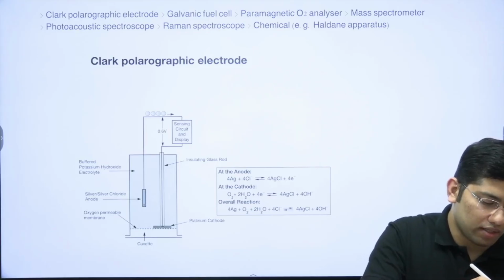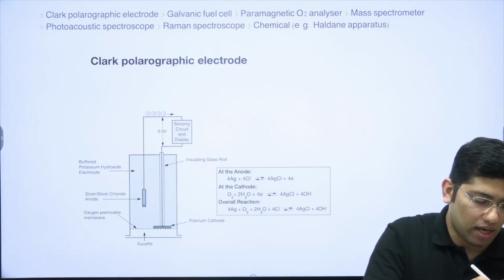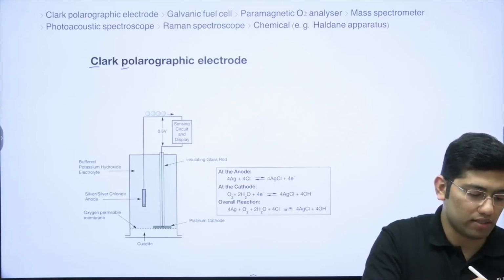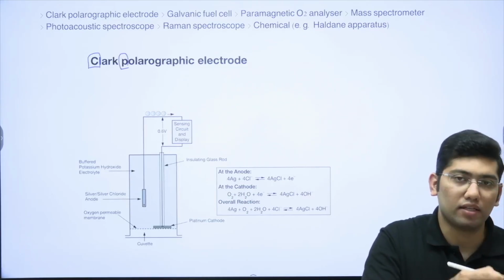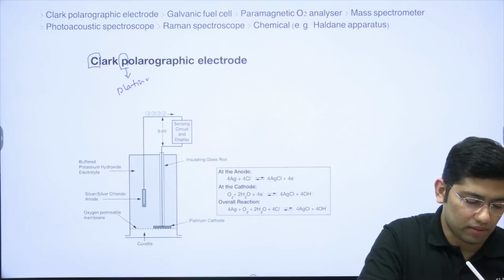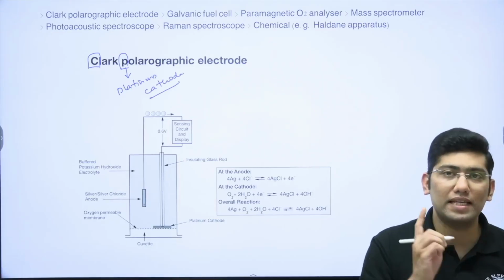Take the first 2 letters, C, C. So here we have a platinum cathode. Easy?